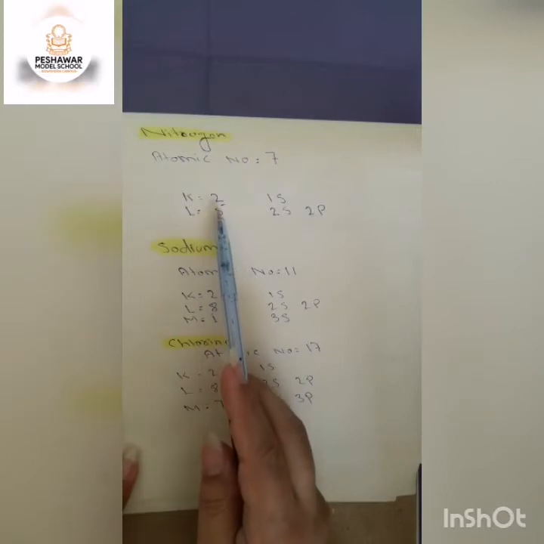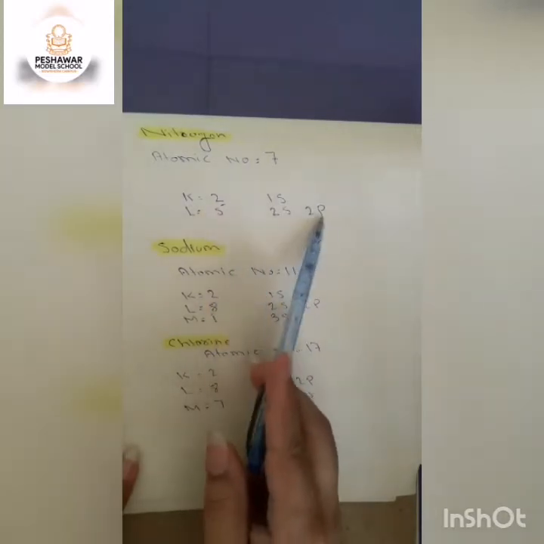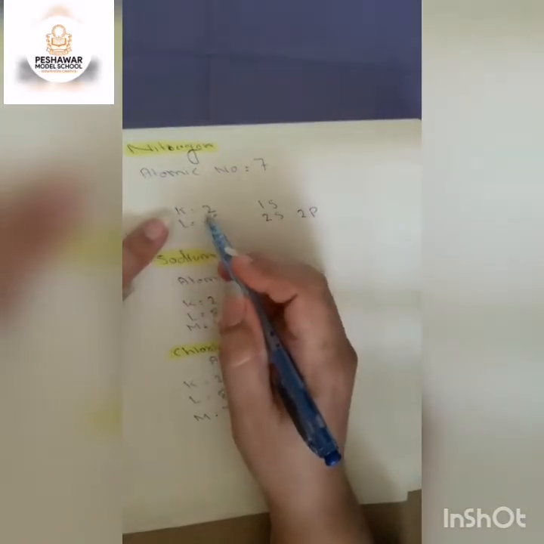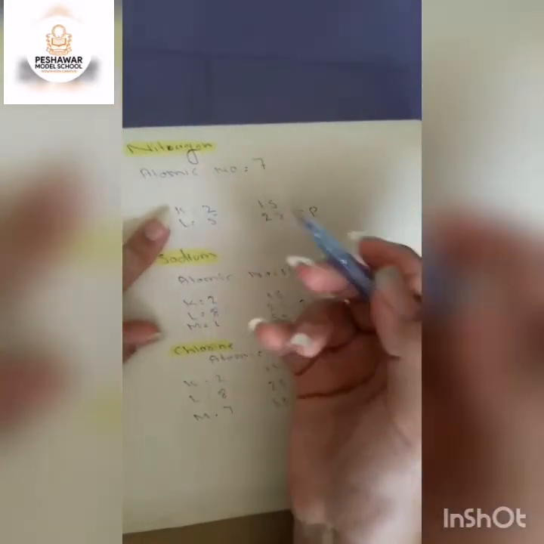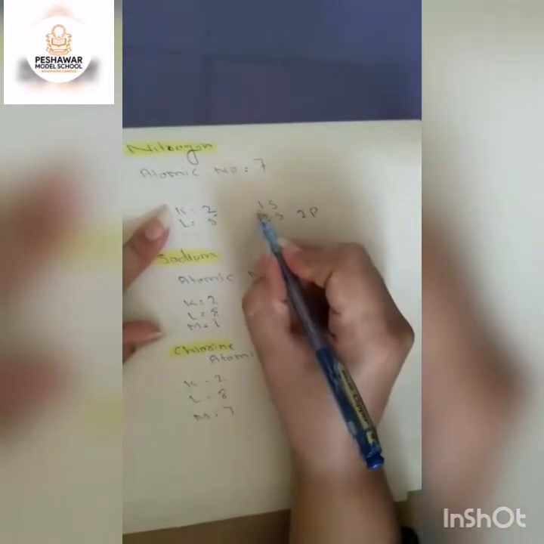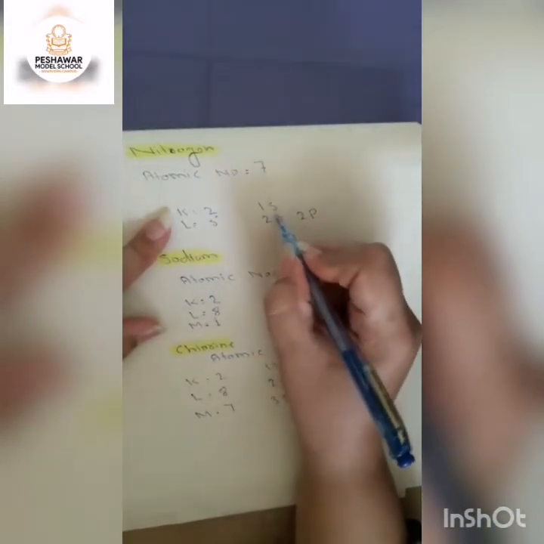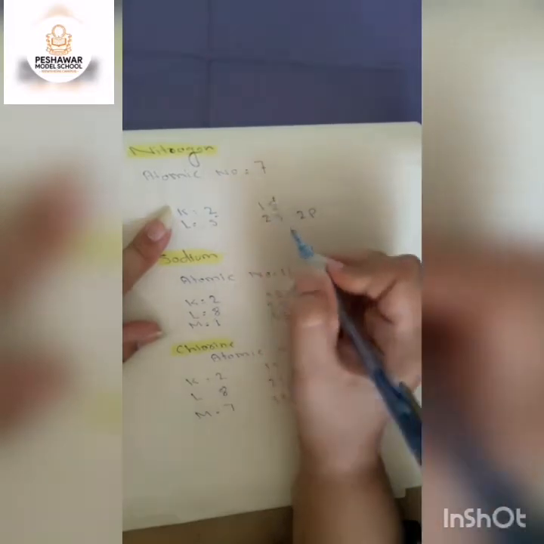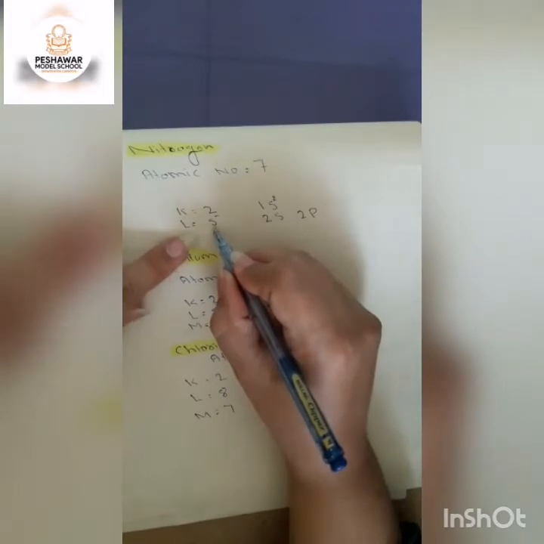Okay, how are these electrons arranged in the subshells? How many electrons do we have in the K shell? We have 2 electrons in the K shell, and the K shell has only one subshell, which is 1s. How many electrons will s occupy? s will occupy a maximum of 2 electrons. That's why it will accommodate only 2 electrons. Now 5 electrons are left.